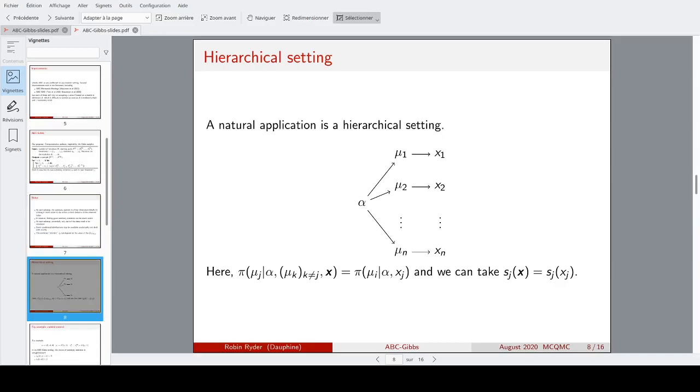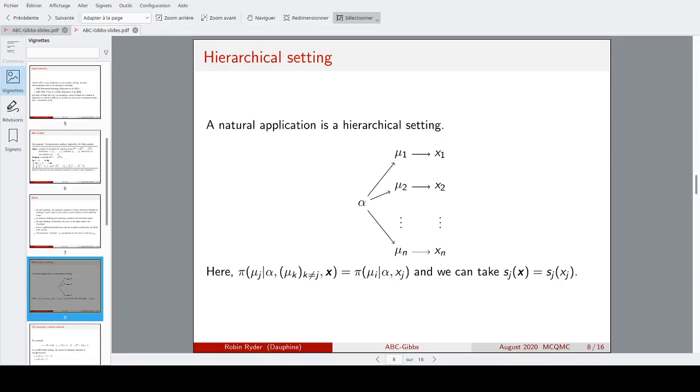Now, a natural application of any Gibbs sampler, including ABC Gibbs, is a hierarchical setting. So the idea here is that you can have a hyperparameter, alpha, which governs these parameters, which I've called mu1, mu2, mu_n, and then each of these mu_j's is going to generate some part of the data, xj.